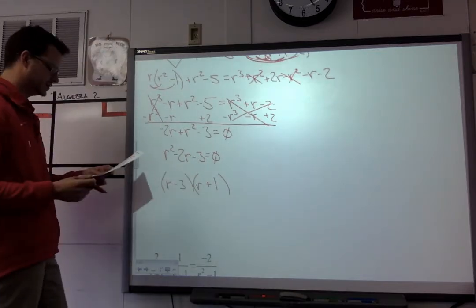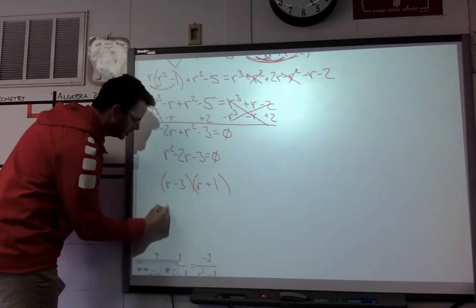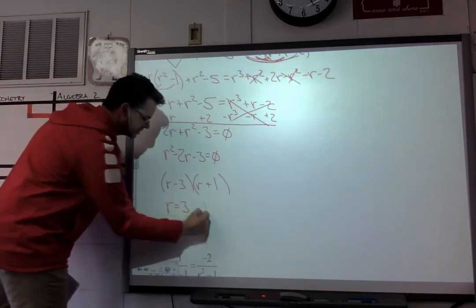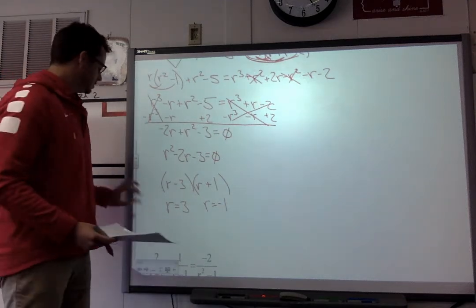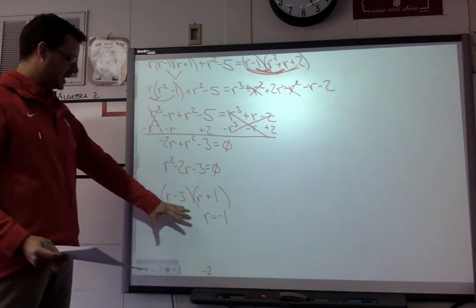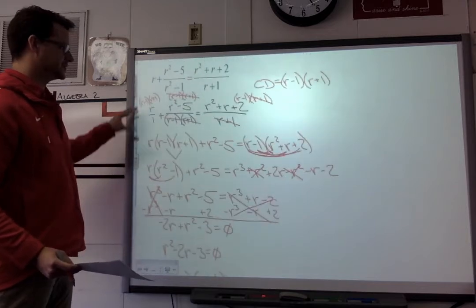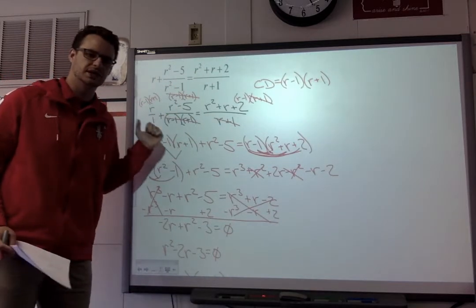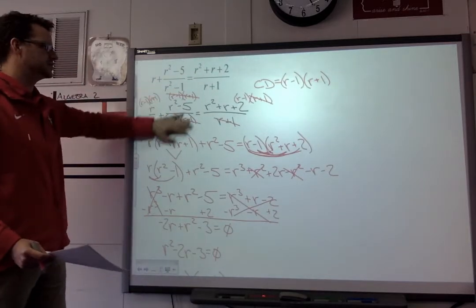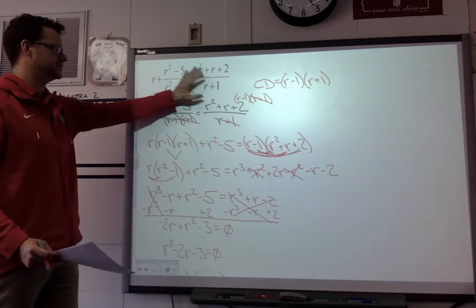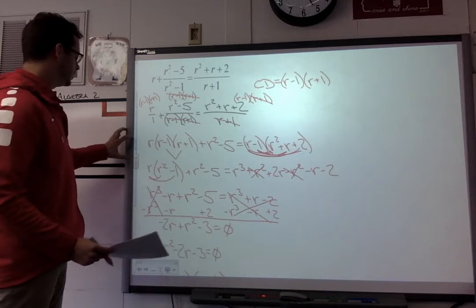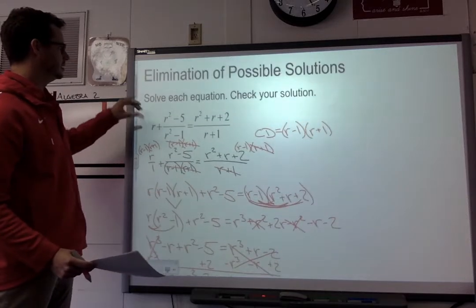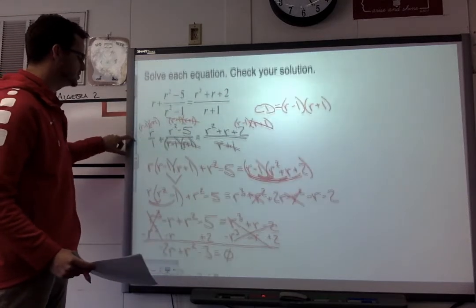So then if we set those both equal to 0, we're going to get r equals 3 and r equals negative 1. So again, we came up with our solutions based on taking the same steps that we did on that last slide. These are just a little bit more complicated because of having r to a power higher than 1. But now, again, elimination of possible solutions.